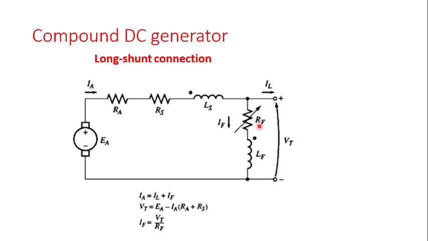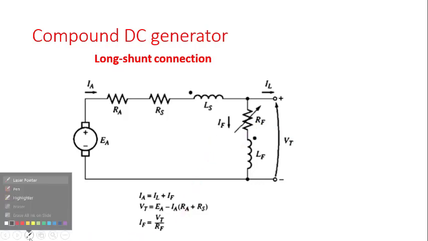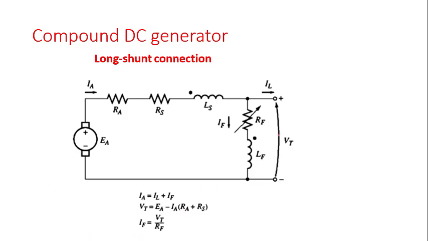So if we take our VT and divide by our RF, then we can get our IF, based once again on Ohm's law. We know that V is equal to I R. So if you want I, it will be equal to V over R.